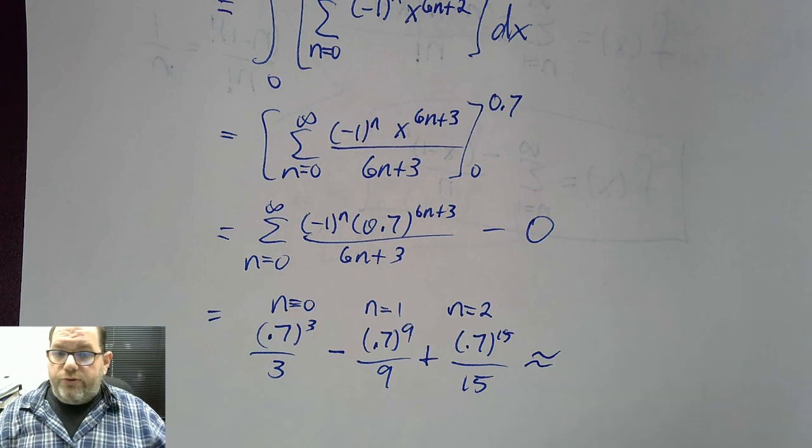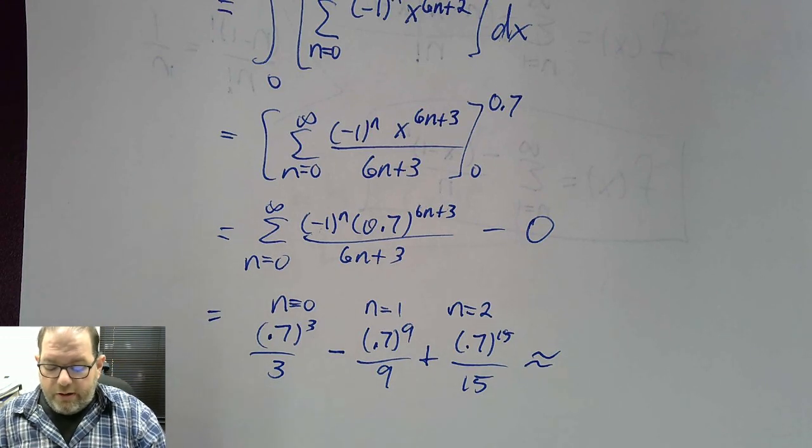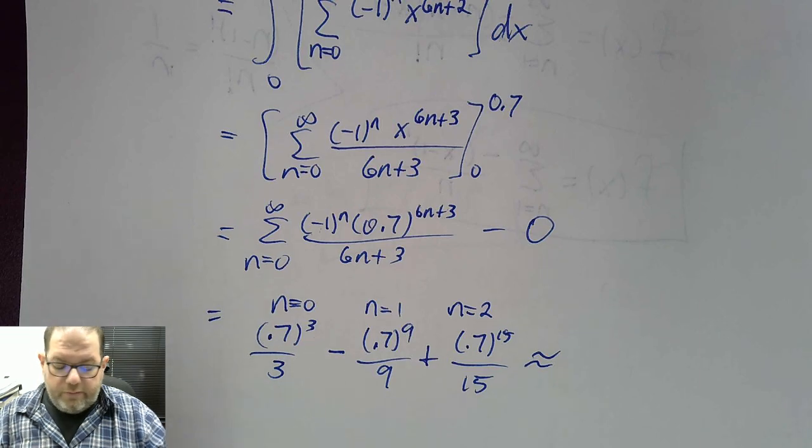And so now we just want to approximate that on our calculator. So we get 0.7 to the third divided by 3, minus, parentheses, 0.7 raised to the ninth divided by 9, and then plus, parentheses, 0.7 raised to the 15 divided by 15, close parentheses.